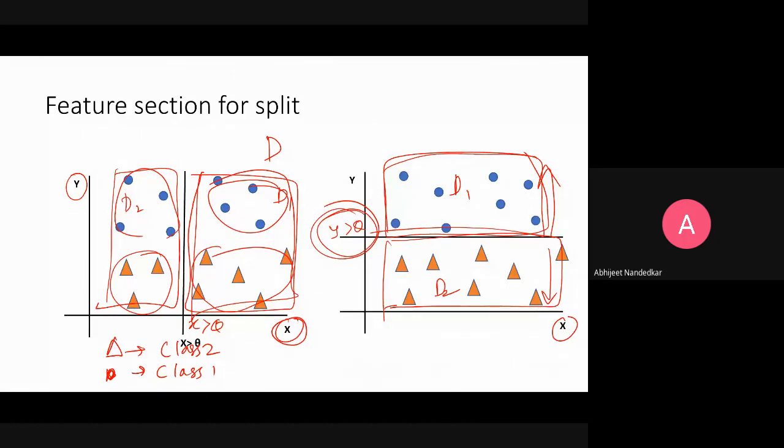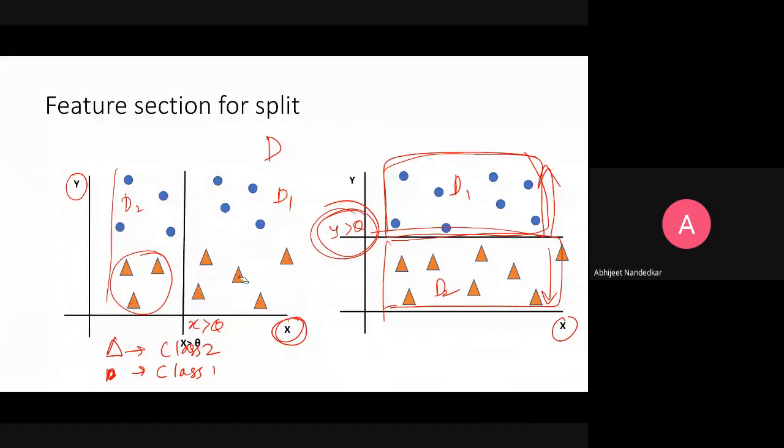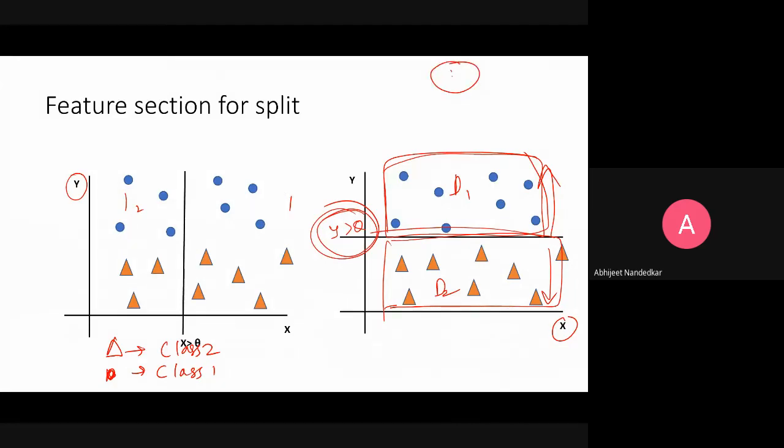Now, if you do use X itself by chance, what you have to do is this: this is my starting node with D, and then you ask a question. If X is greater than some theta, then you have a split of data for yes and no. Then you have one more node here.